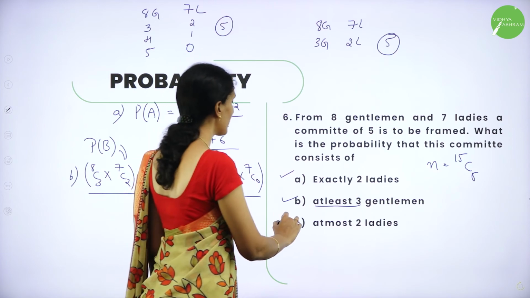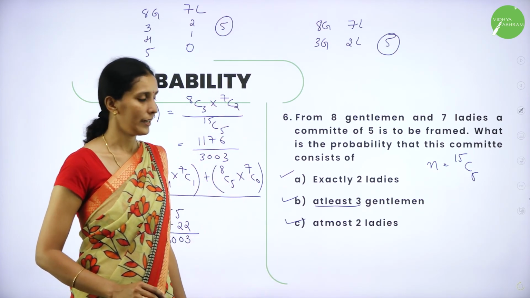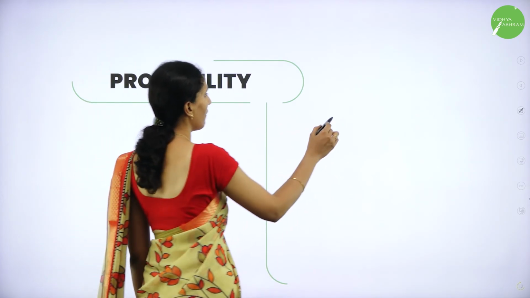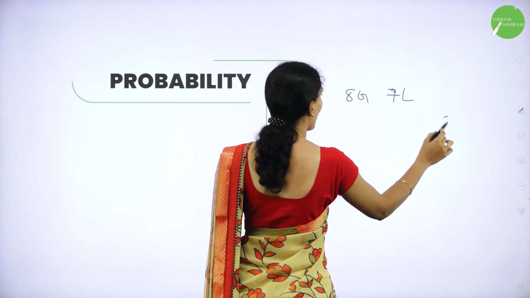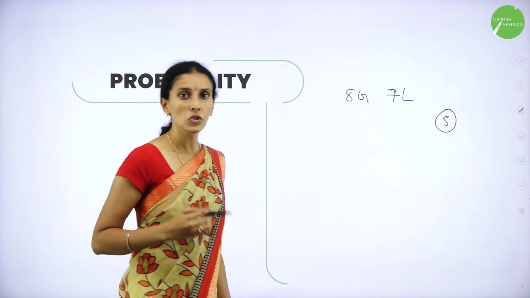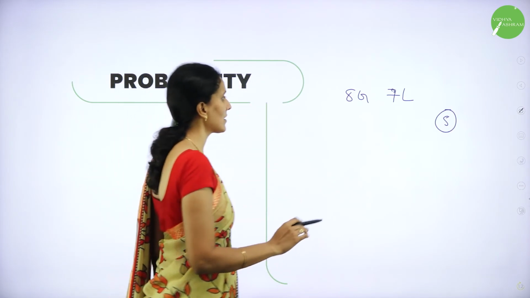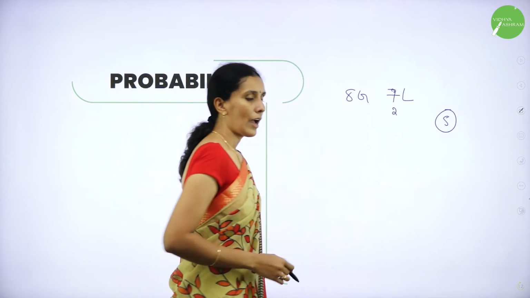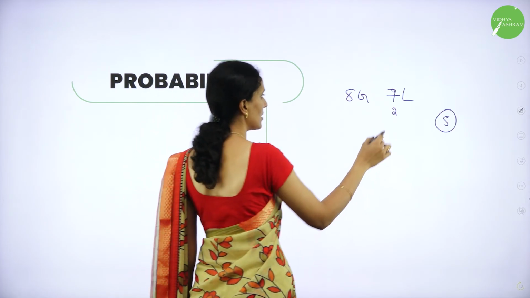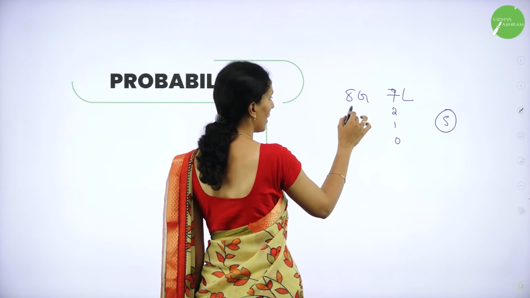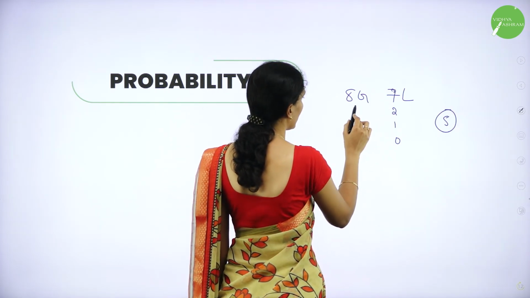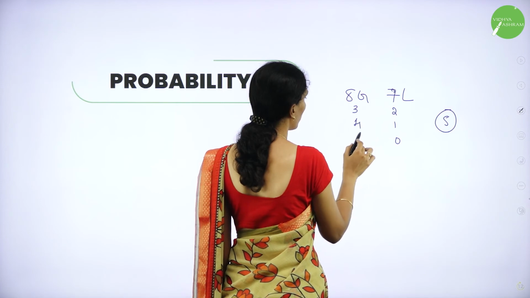Moving on to the next question, at most 2 ladies. I again have 8 gentlemen and 7 ladies, and 5 have to be selected. At most 2 ladies means the maximum I can select is 2. I can go to the minimum also, that is 2, 1, 0. If 2 ladies are there, the remaining will be men, that is 3, 4, 5.